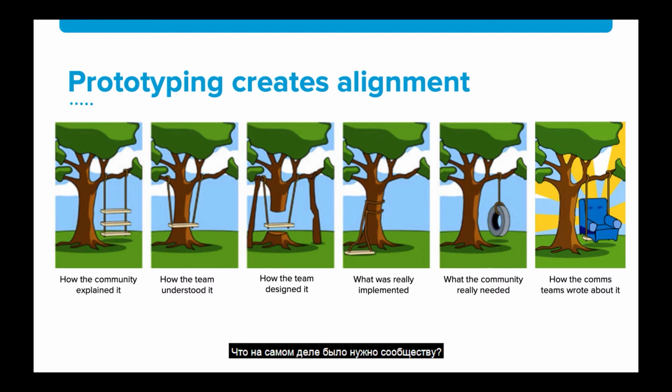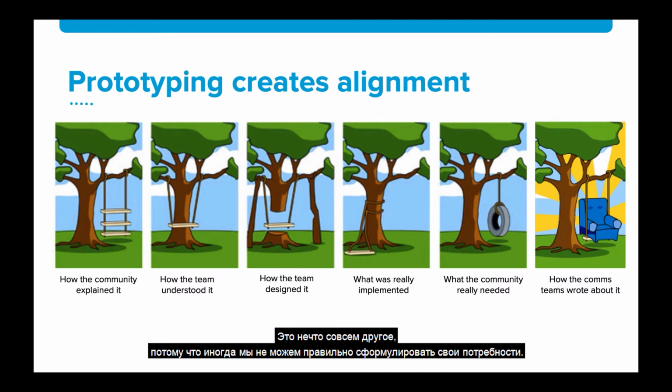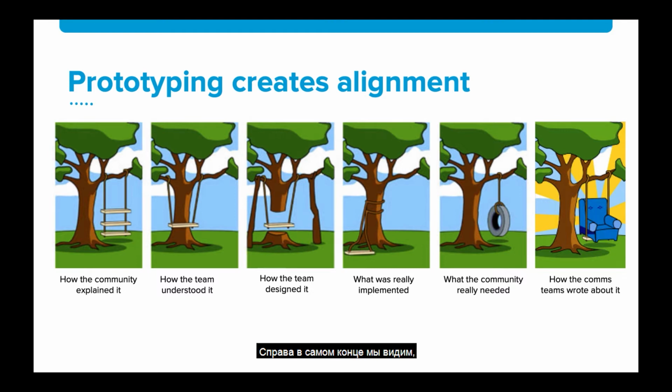And what the community actually really needed was also something different, because sometimes we can't articulate so well what our needs are. And then we have at the very end, the right end of the diagram, how the comms team wrote about it. So you can see here the difference between the perception of different stakeholders, whether it's the community, the design team, the implementation team, or comms.